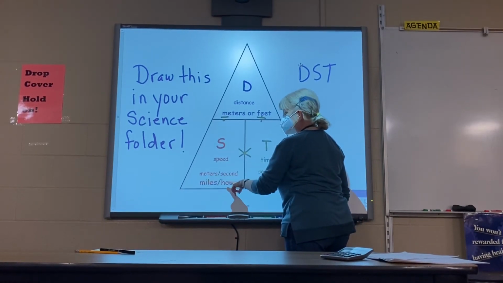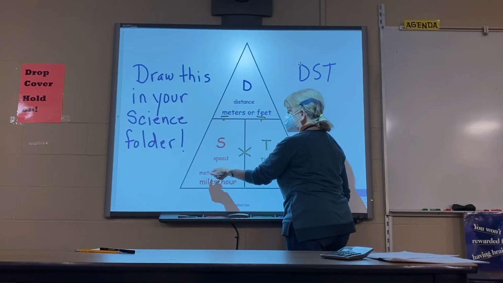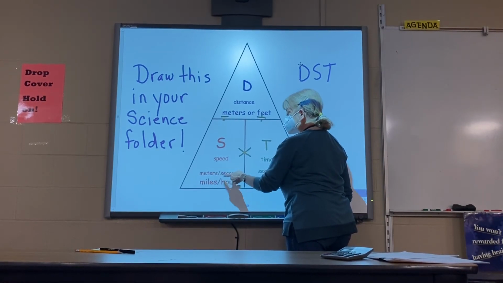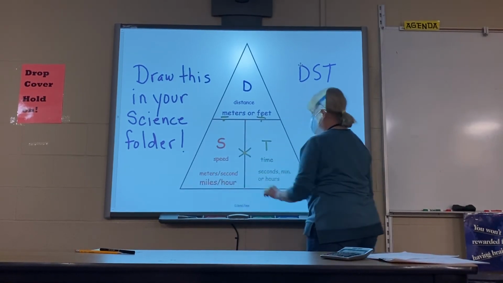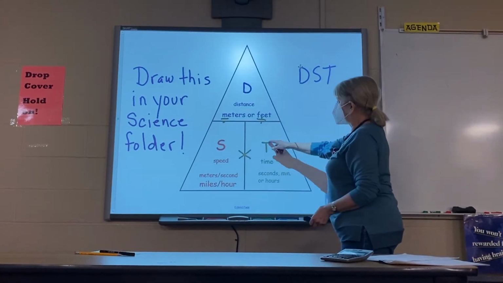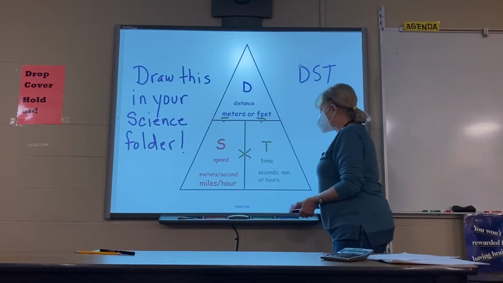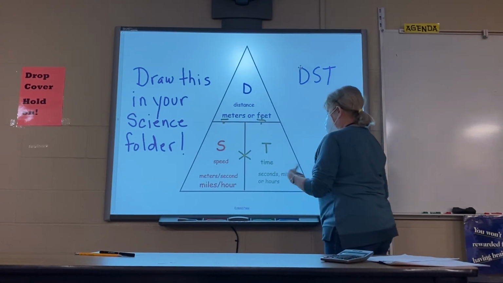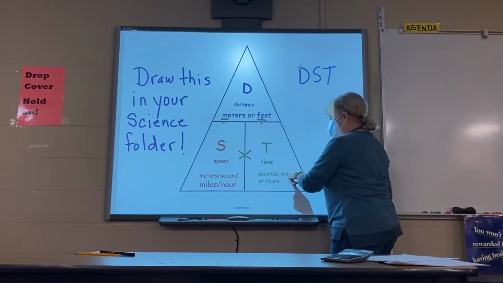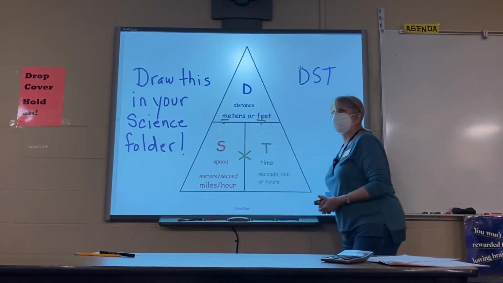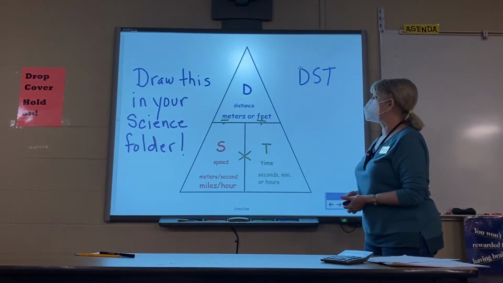Here are some examples of how we measure speed. Meters per second, miles per hour. Those are examples. And then the big capital T stands for time. And some units of time that we may use are seconds, minutes, or hours. I don't think we use any others besides that.